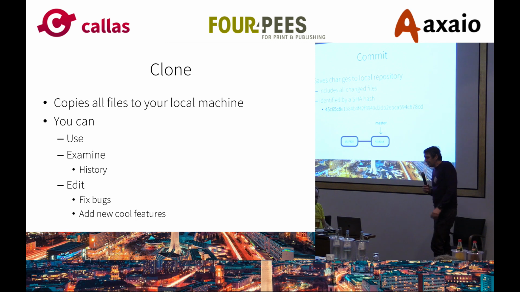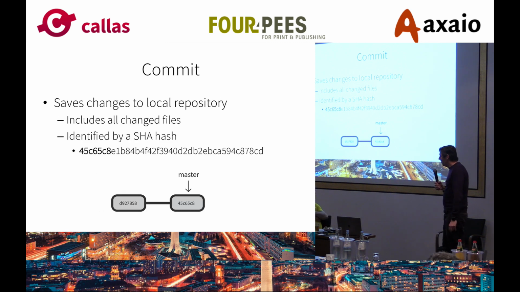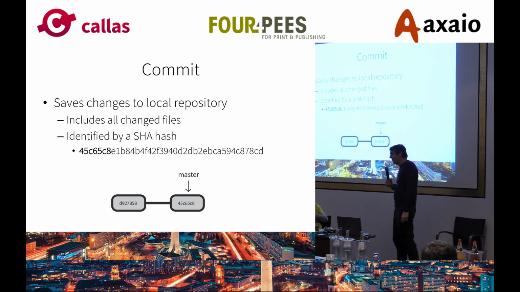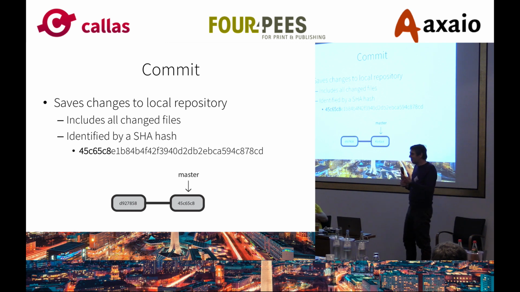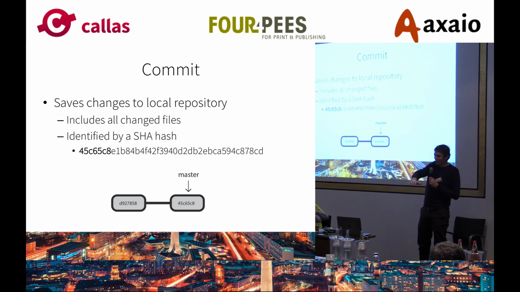Okay, so once you have created a new version of the repository, you can save your changes to your local repository. That is called commit. You commit your changes to the repository. So you have cloned, you have a remote repository, you have your local clone of the repository, you make changes to some files, and then you have to commit these changes to your local repository.